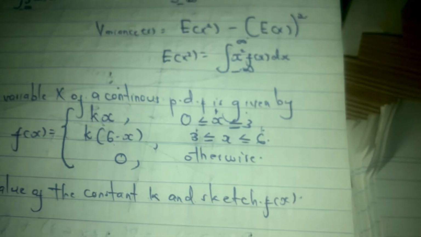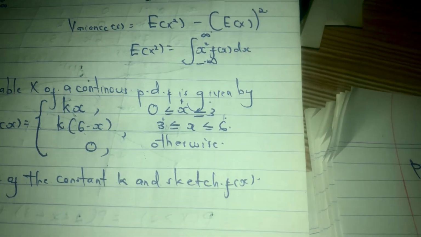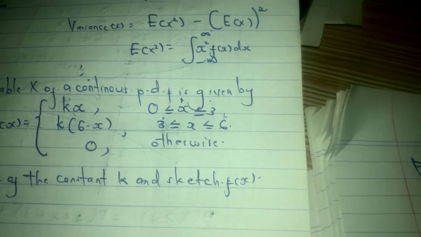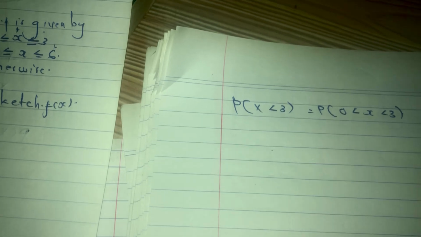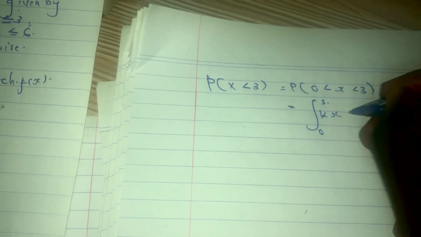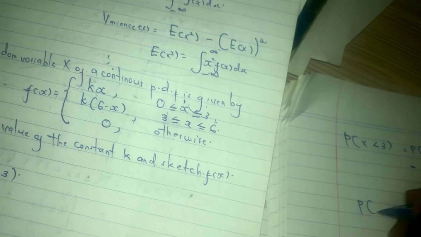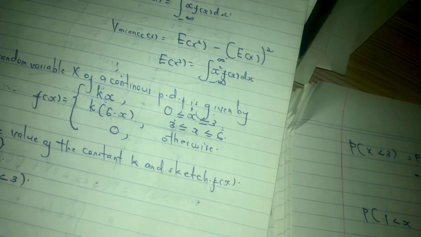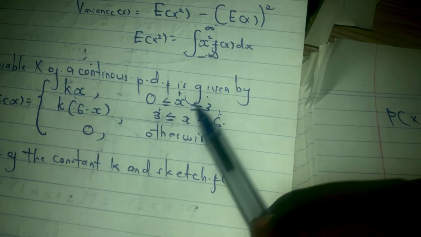X less than 3 is between this range, so it's the same as probability from 0 to 3, and then you integrate this. Are we together? That means you have to integrate kx from 0 to 3 dx and get the answer. If they give you probability of x from 1 to 3, it also lies between this range.